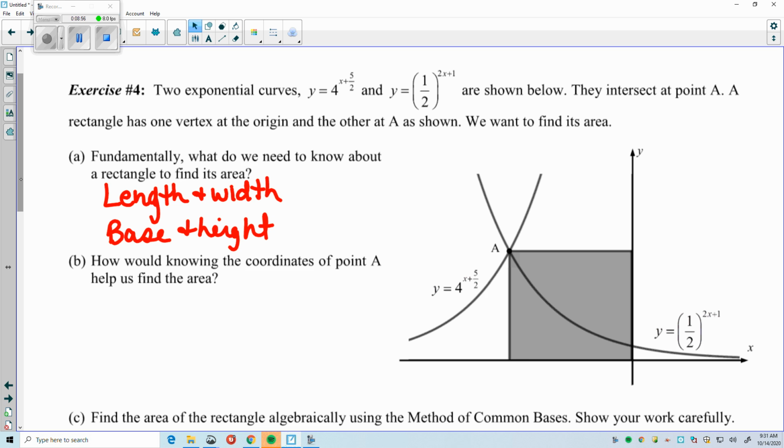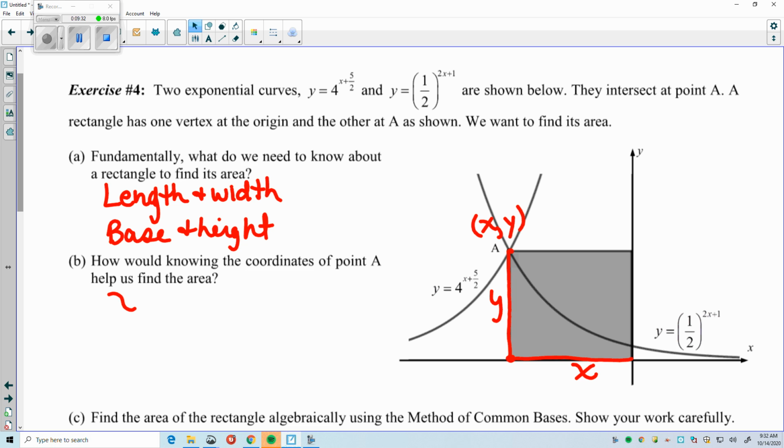Okay, so in other words, I need maybe the base and the height, or I need the length and the width. Okay, so how would knowing the coordinates of point A help us find the area? Well, let's think about what the coordinate would be. So we got something like maybe x comma y. So x is going to be the distance from the origin over. So if I know that value, I can tell you that that's the length x. And then I need to find the height, and the height is that coordinate y.